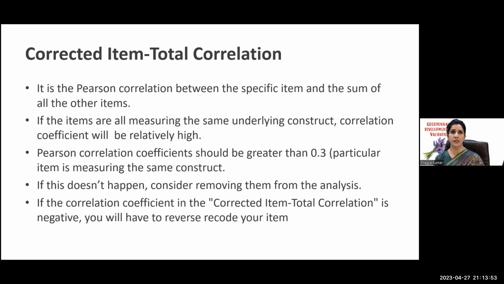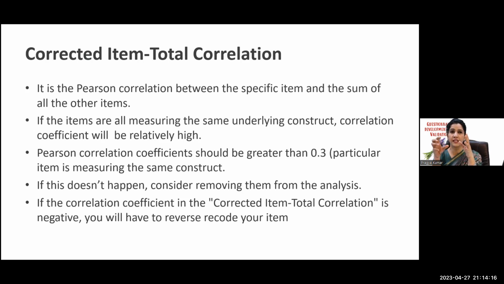So there is something known as the corrected item total correlation. What is this? In the analysis, you measure the Pearson correlation between a specific item and the sum of the other items, and that is the corrected correlation.